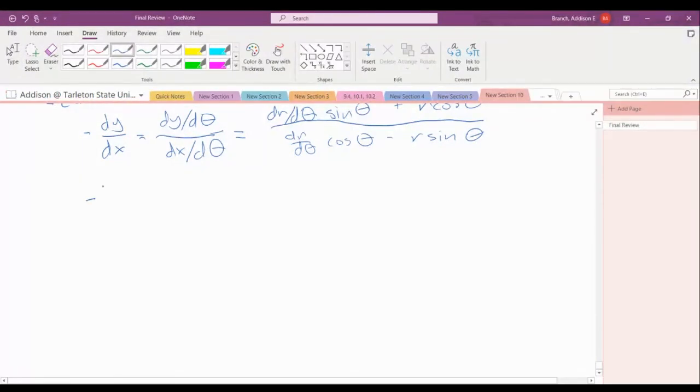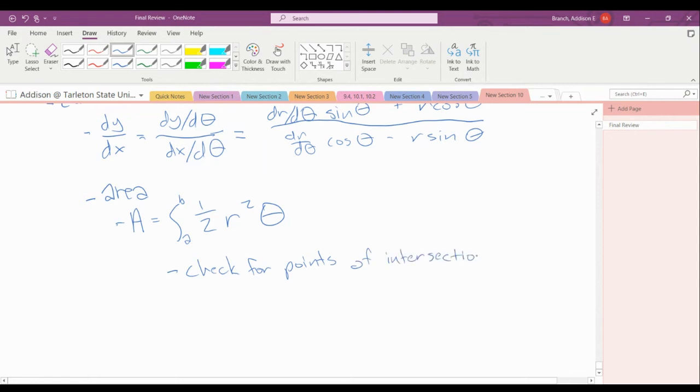Another big thing that they almost guaranteed will ask you is area with polar. So remember that formula is going to be area is equal to the integral from a to b of 1/2 r squared d theta. And some key things to check are points of intersection, and where r is equal to 0.